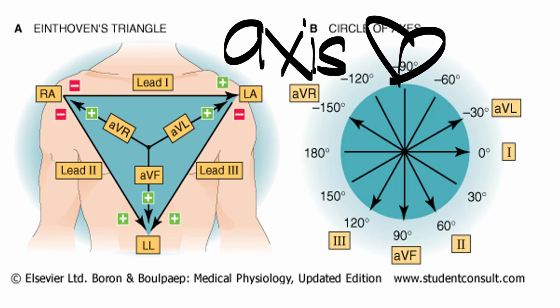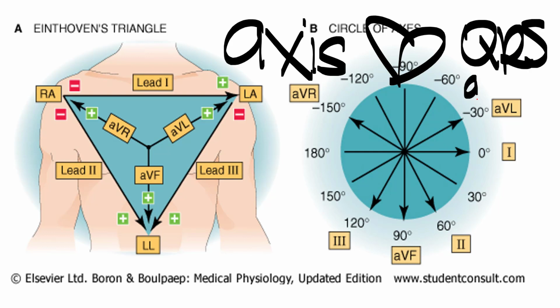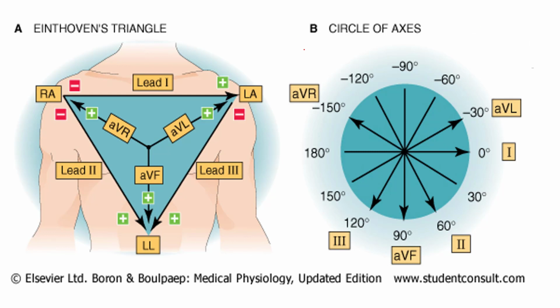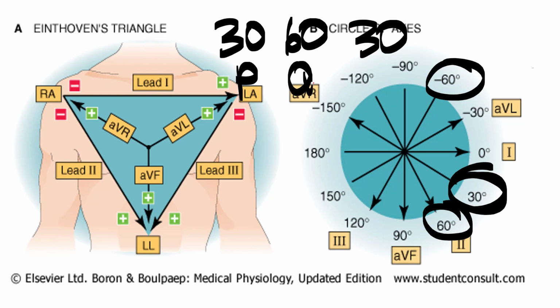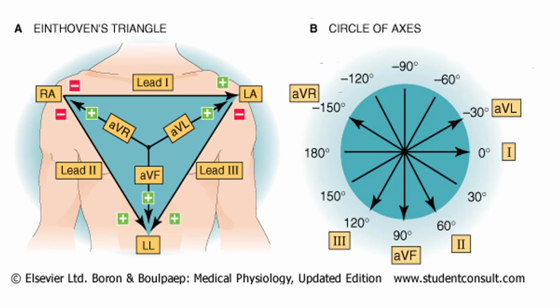Okay, what about the axis of the heart? People are always asking on quizzes, or looking at the ECG and trying to figure out, their heart's axis of depolarization. Specifically, we're going to look at the axis of depolarization of the ventricle, which is called the QRS axis. You can actually do the axis for the P, QRS, and T waves, but we're just going to look at the QRS.